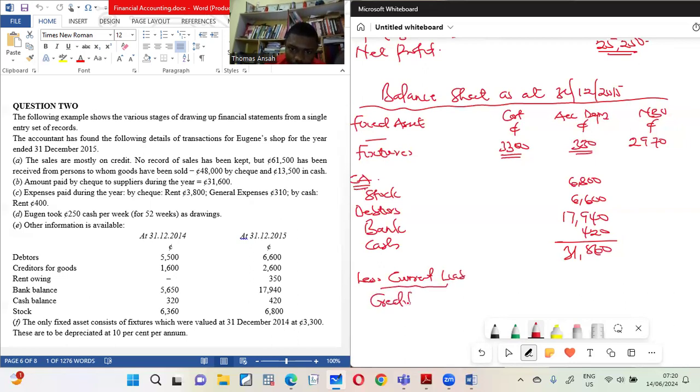Remember we have creditors and we have rent owings. The creditors are 2,600 and the rent owings is 350, and that is what we are taking out of the 31,860 that we have.